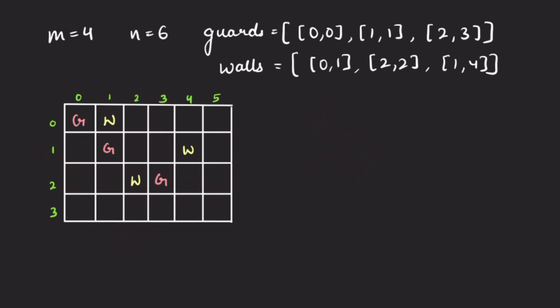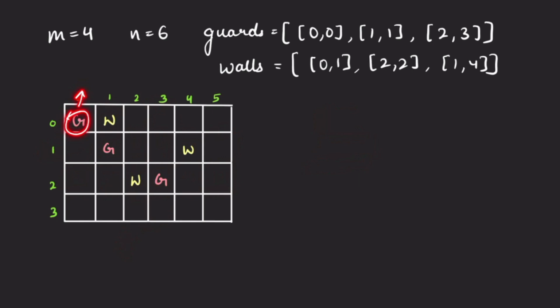So if we start with the first guard, then go to the second guard, then the third guard, we go in the above direction and see how many cells this guard is able to see, and then we mark them as guarded cells for this particular guard.